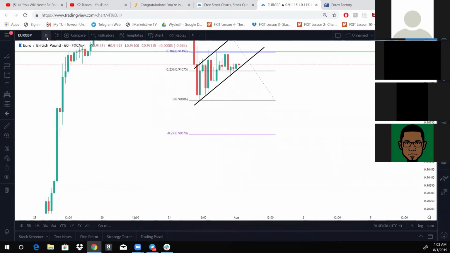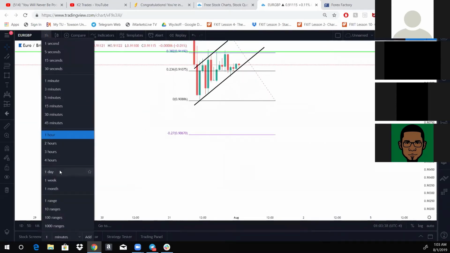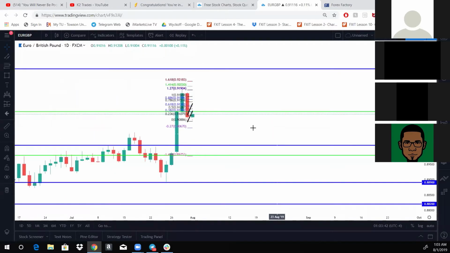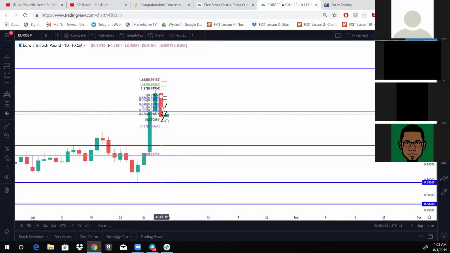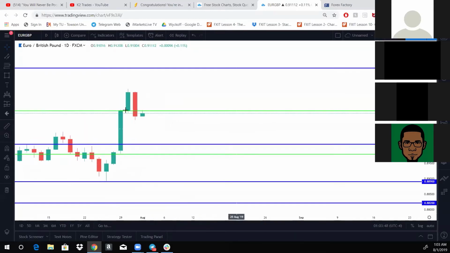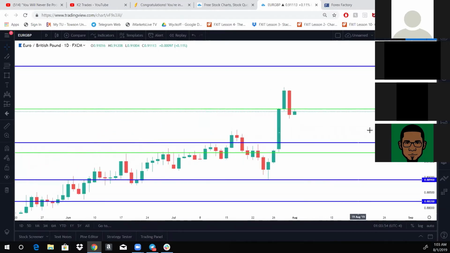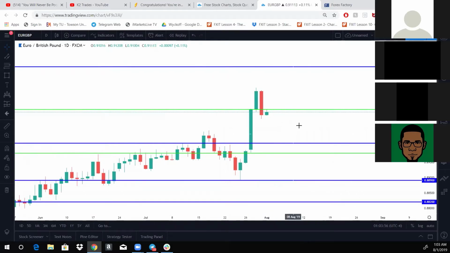Because this pair, if we look on the dailies, is due for a massive correction, right? If you see right here, this is a big bearish engulfing candle, and this daily is just retesting that zone that this candle broke back below.